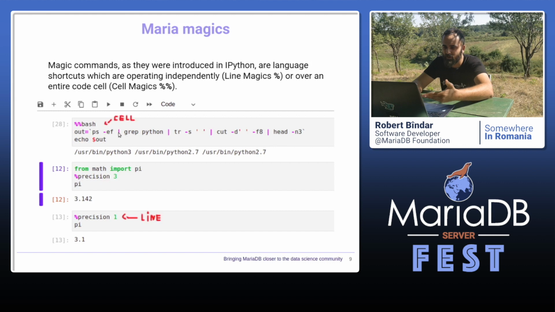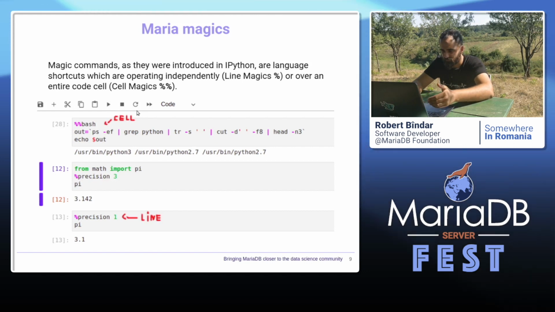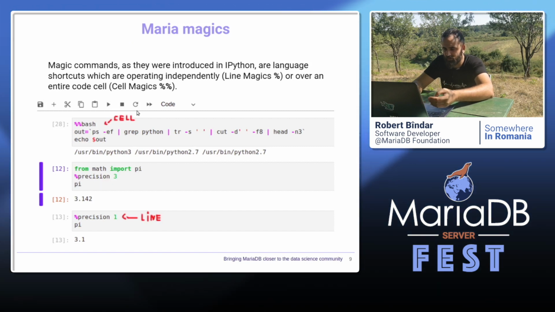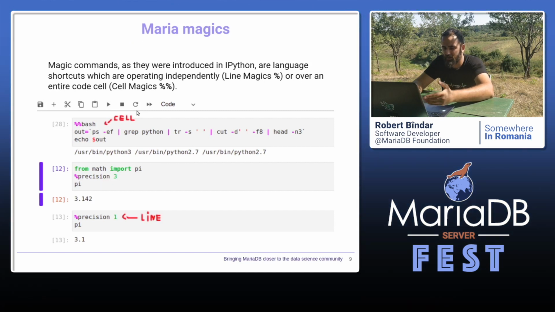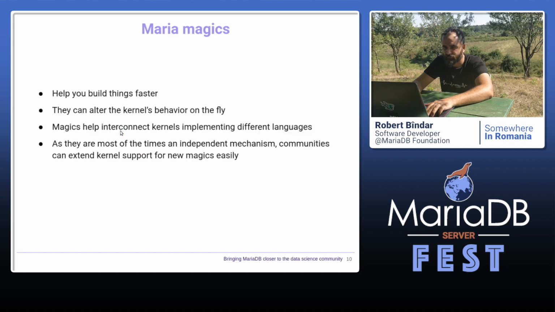And you can also have cell magics, like the bash one you can see here in the slide, which takes as argument the entire code from the cell. More exactly, in this example, the bash magic lets you write a bash script within the cell, and when you execute it, the bash code is executed using the bash process, and that's very nice.